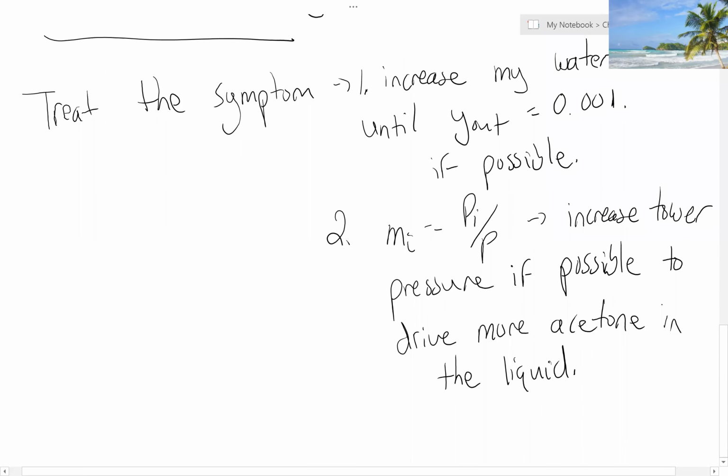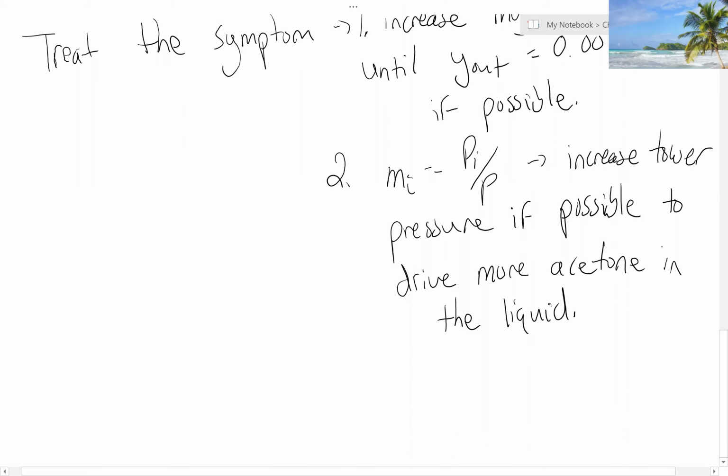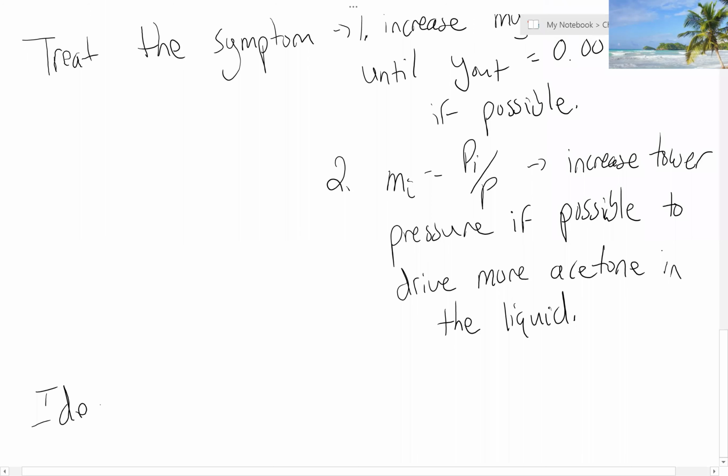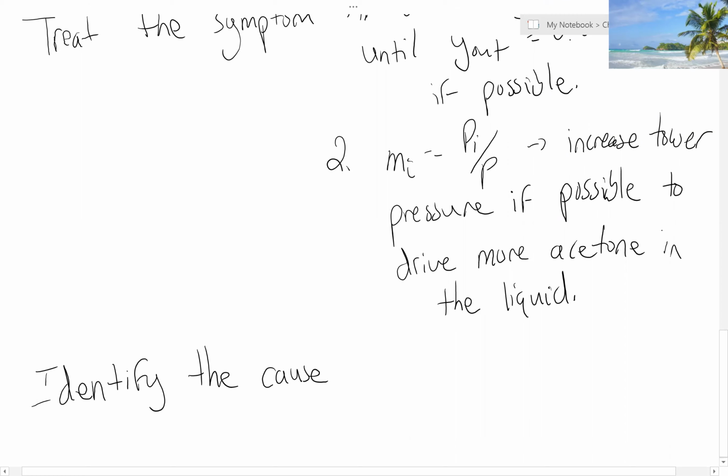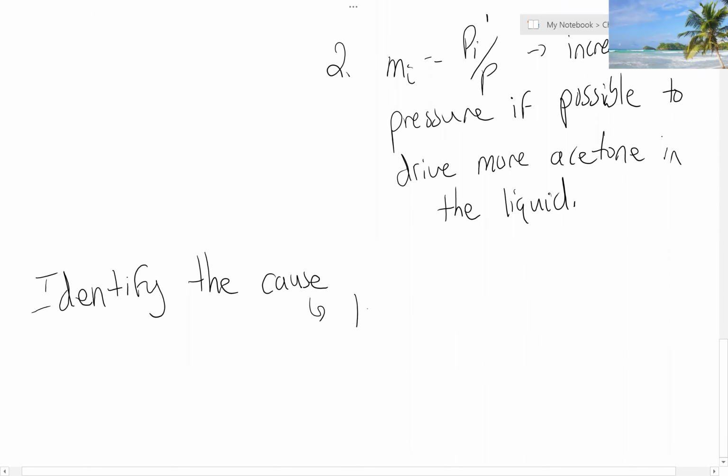And so the second step, once I have treated the symptom, I can identify the cause. The question is, well, how are you going to do that?